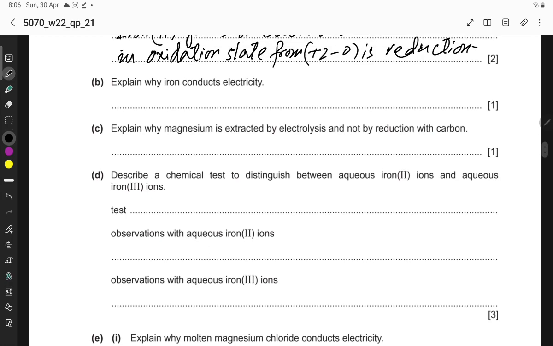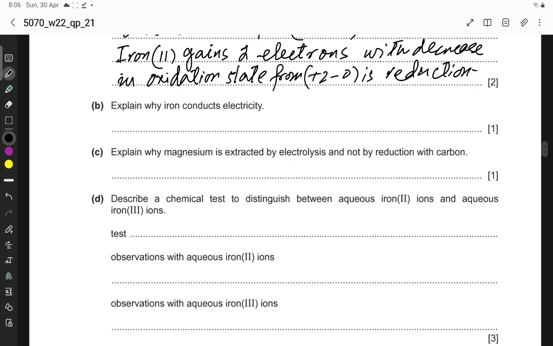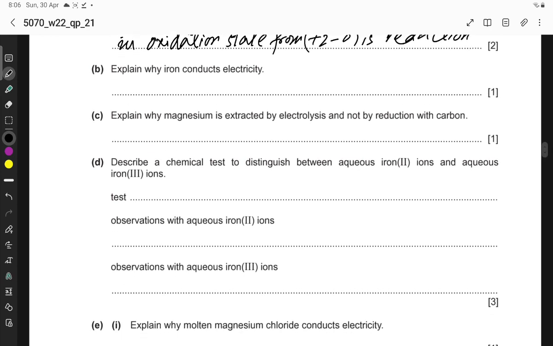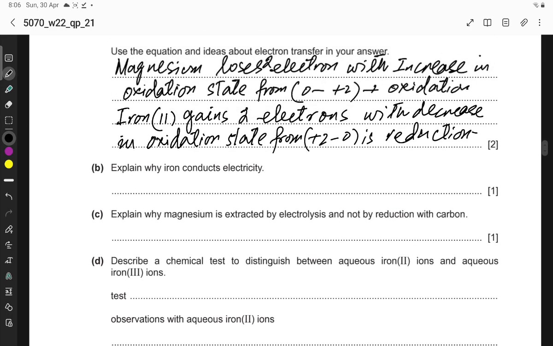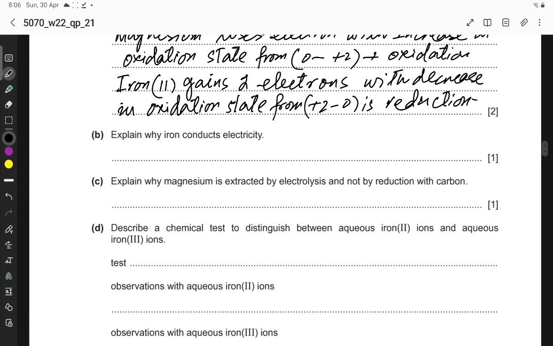Explain why iron conducts electricity. Iron has free moving electrons.